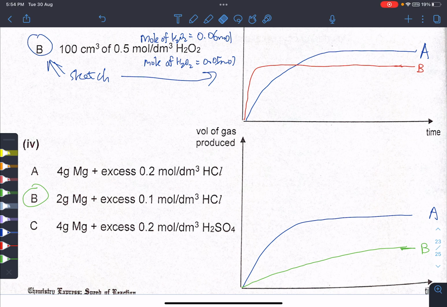Then in terms of the speed of reaction, you started off with 0.2 mole per dm cube, now it becomes 0.1 mole per dm cube. Concentration drops. So it is slower also. That's why the answer is what you can see here, the green one.